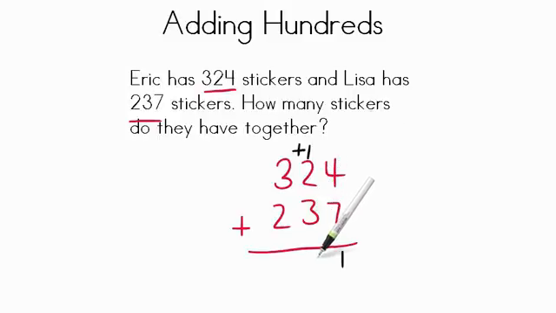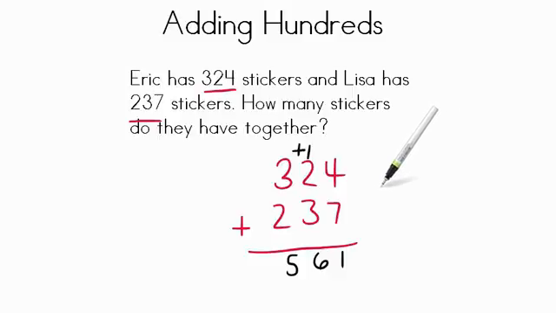Total of what? That's right, 6 tens. Now, we don't have more than 9, so we just leave that 6 there. Add our hundreds. 3 hundreds plus 2 hundreds is 5 hundreds, for a sum of 561. They have 561 stickers together.